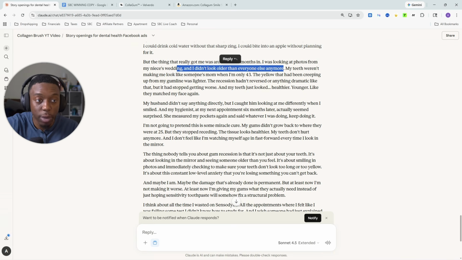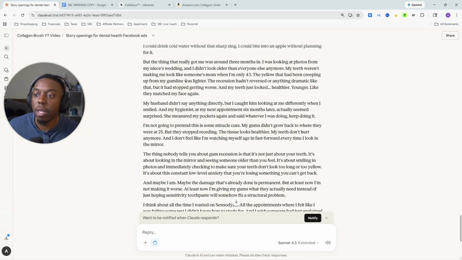Remember, I like to create about 3 to 5 angles that I like to test in one CBO. This is that specific angle, copy for this specific angle, which is the feeling of feeling older because your teeth don't look as nice. My teeth were making me look like someone's mom when I was only 43, which is something I would change.